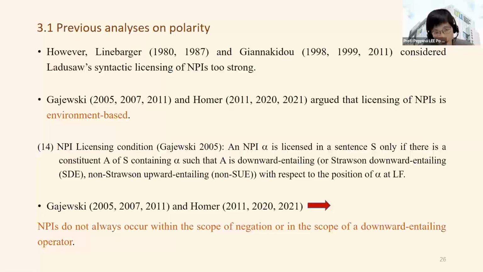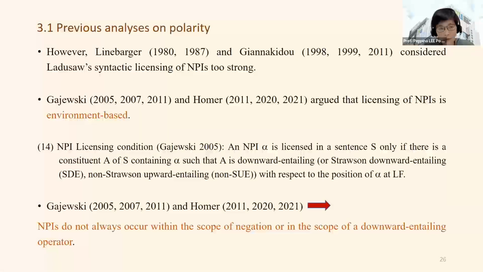They say that as long as you have the pragmatics or the context which allows the negative polarity item to appear, that will be good, even though the negator in terms of syntax is not in a licensing relationship with the NPI. We won't go into too much detail regarding the definition. The basic point is the last one on this slide: negative polarity items do not always occur within the scope of negation or a downward entailing operator. So people try to loosen the definition.